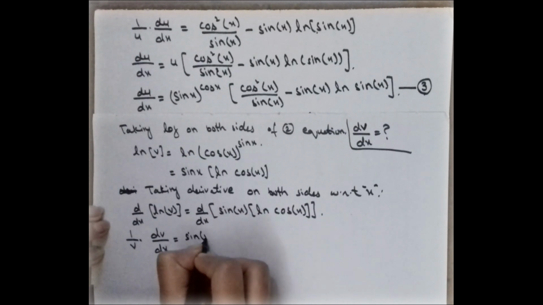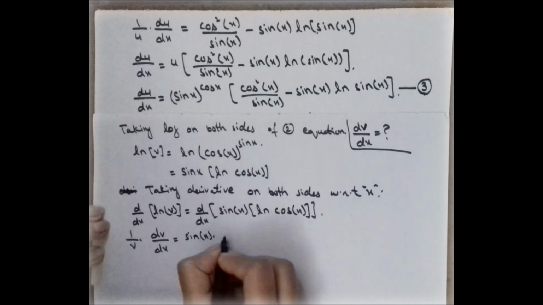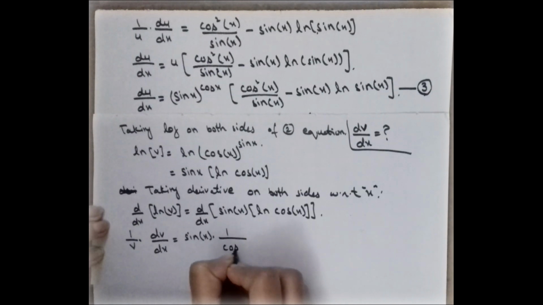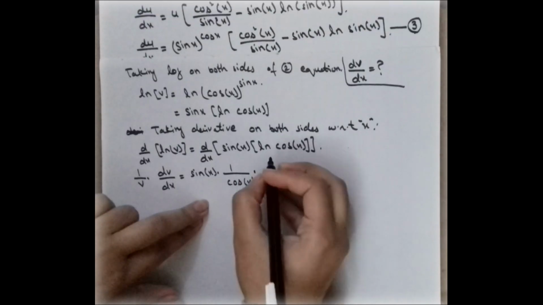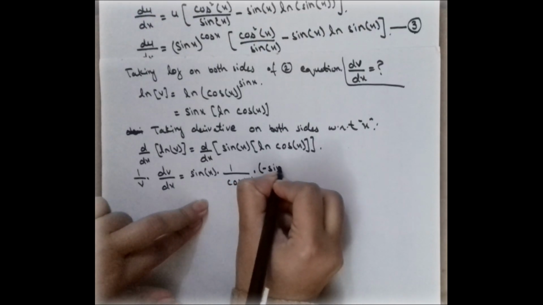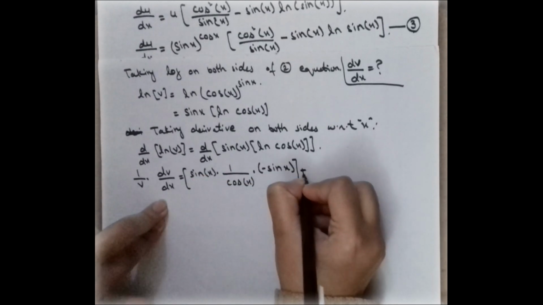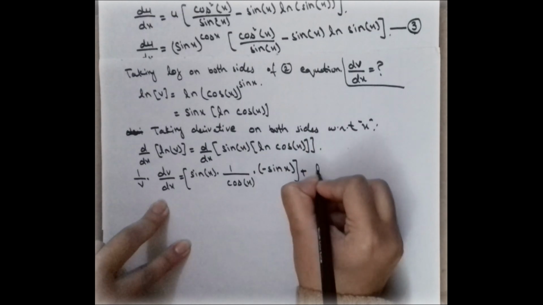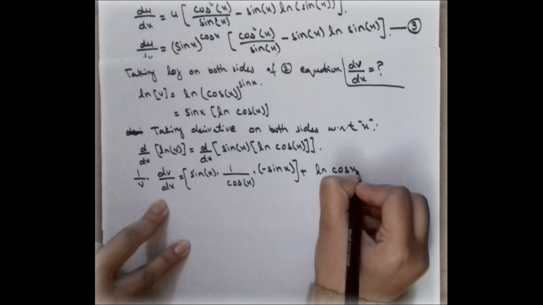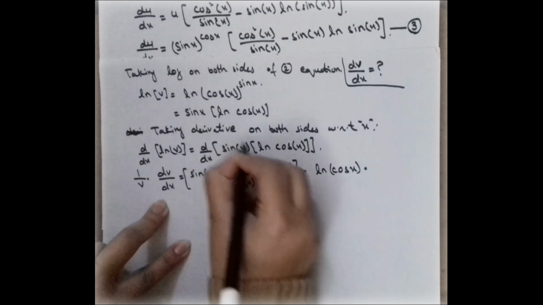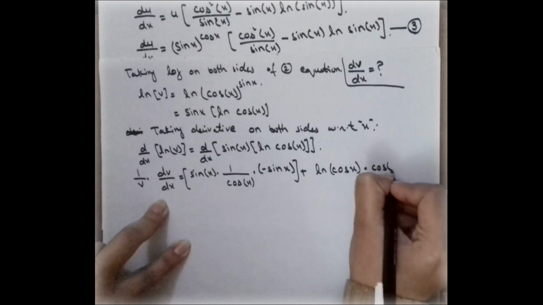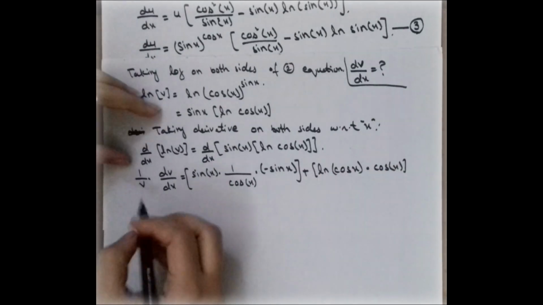First function as it is, times the derivative of the second function, 1 over cos of x times the derivative of cos x, which equals minus sin x. The sign between them is plus. Second function as it is, ln cos x, times the derivative of the first function, which is cos of x.